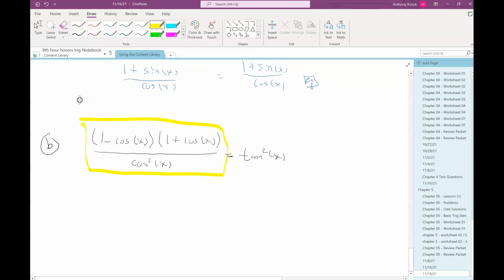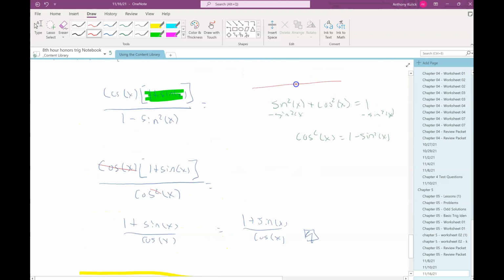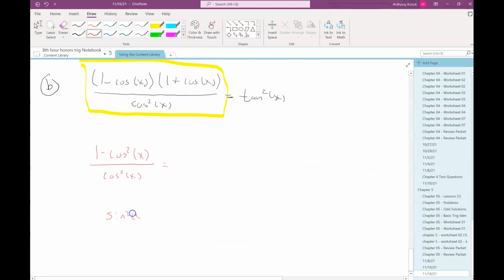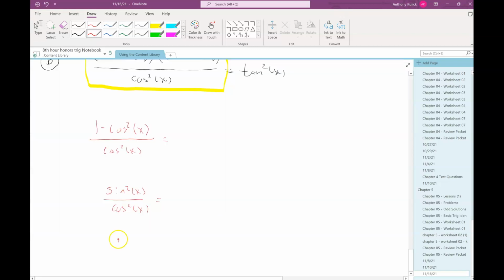That's not too much of a stretch there. Okay. What should we do first then? Yeah, let's go ahead and FOIL the top out, or you could use your difference of two squares multiplication pattern. Tegan, I would then change the top to sine squared. Yeah, so using similar reasoning to what we did over here, you could subtract the cosine squared over to get the same relationship Tegan's claiming to use. That works for me. And then that's tangent squared. And we're done.